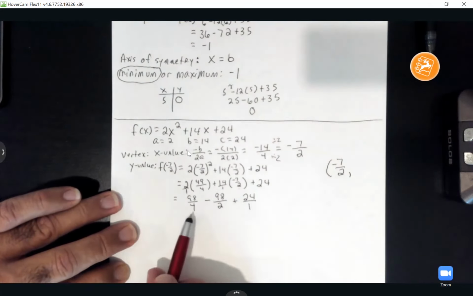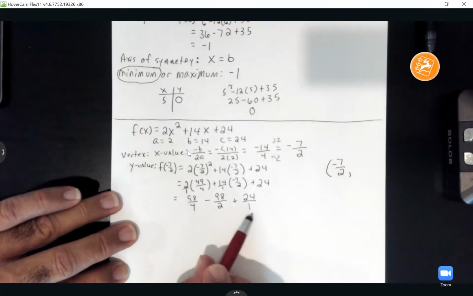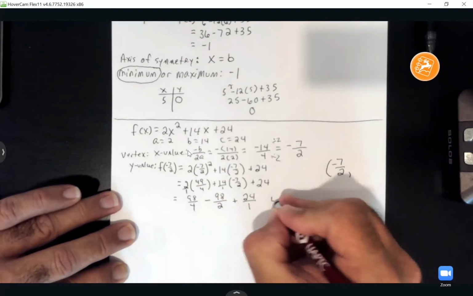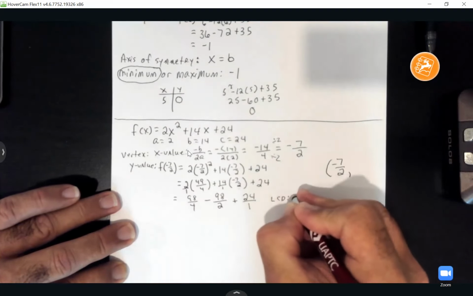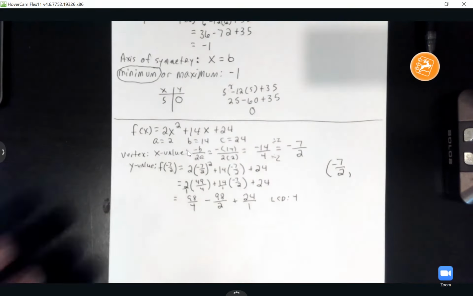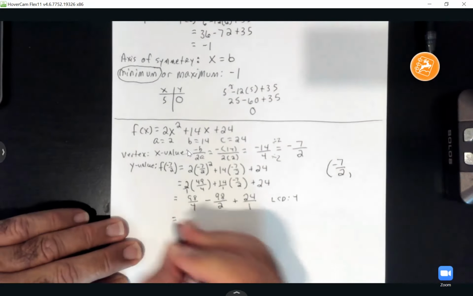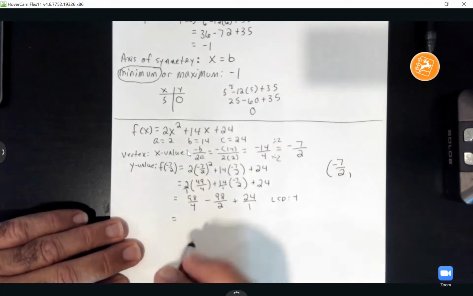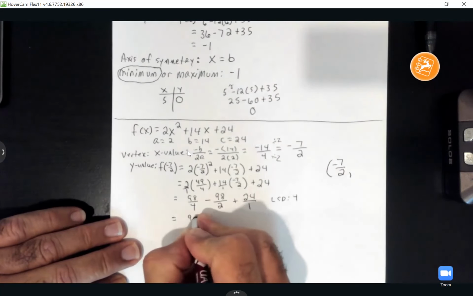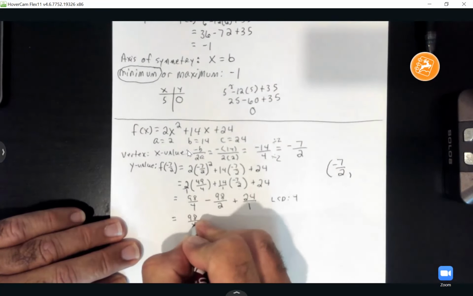And my common denominator will be 4 because that's the smallest number that all 3 of these go into. So your least common denominator is a 4. So 98 over 4 already has a 4 in it. So that's just going to stay 98 over 4.